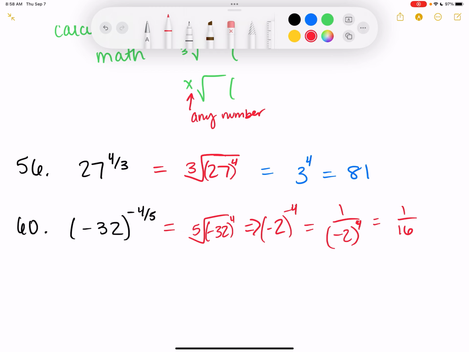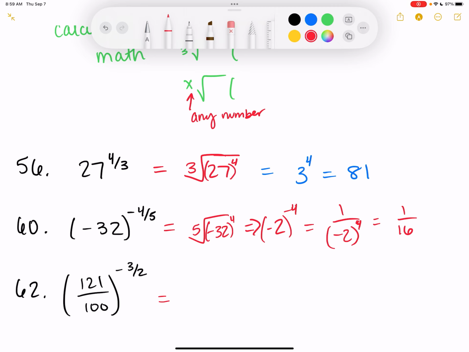All right, and last one, unless y'all feel like you need to see some more after that. We've got 121 over 100 raised to the negative 3/2. So kind of like what I did with the last one, I'm going to take the root first and then leave the negative 3 power outside.